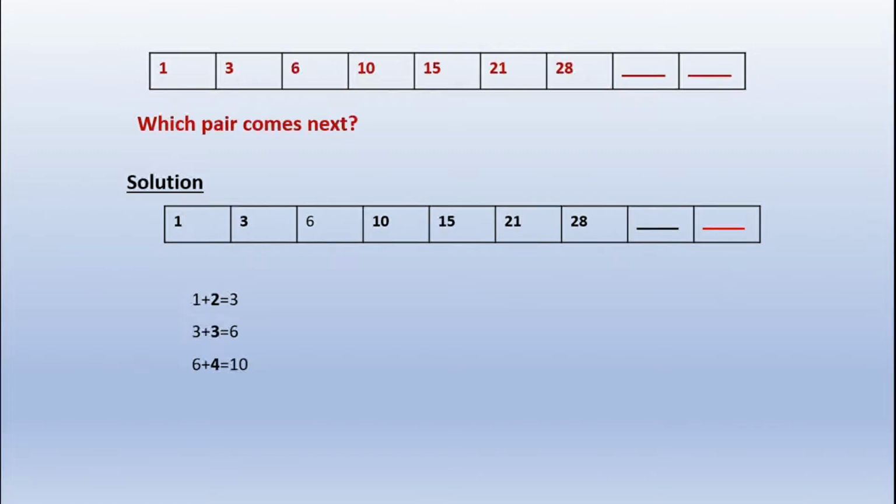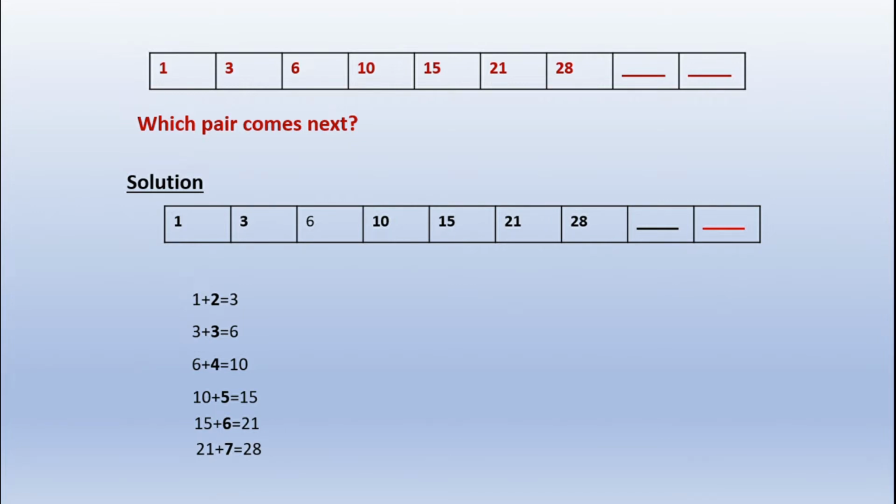Likewise, it goes 10 plus 5 equal to 15, 15 plus 6 equal to 21, 21 plus 7 equal to 28. So you can get idea about the pattern.